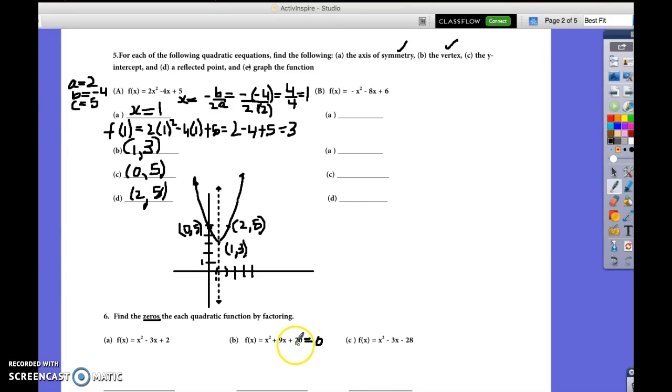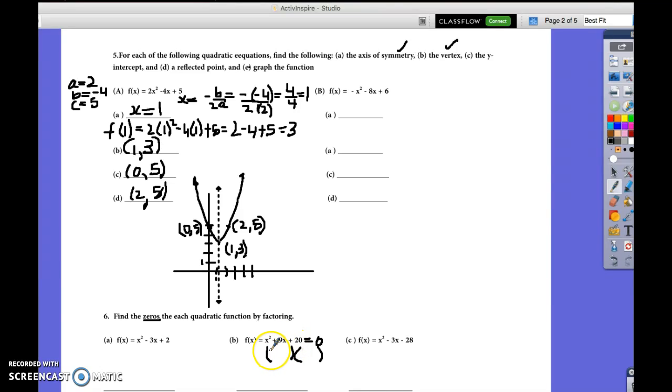So listen carefully now. We're going to factor this quadratic equation, x squared plus 9x plus 20, into 2 binomials. And the way to do this is we look for 2 numbers. You have to go back to your notes and look at this. You look for 2 numbers which when you multiply them you get 20, such that when you add them you get 9.